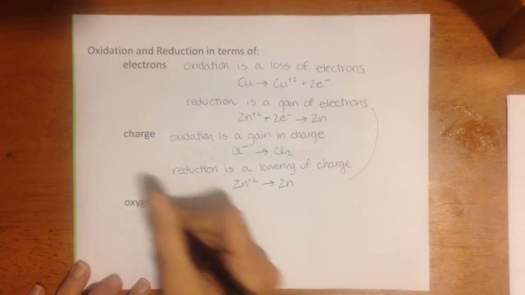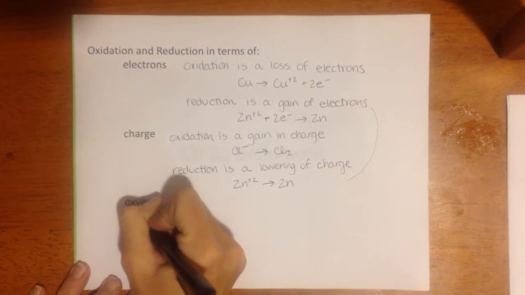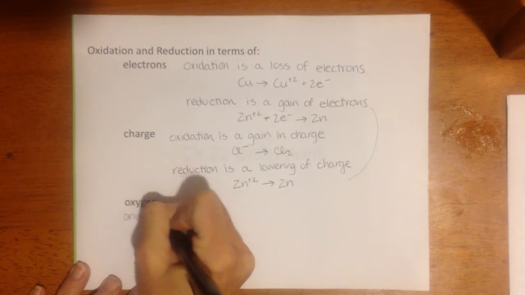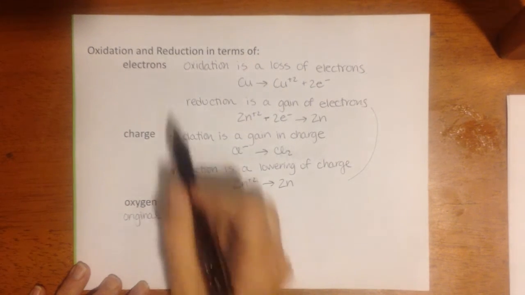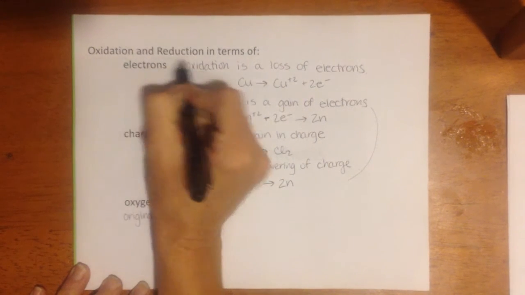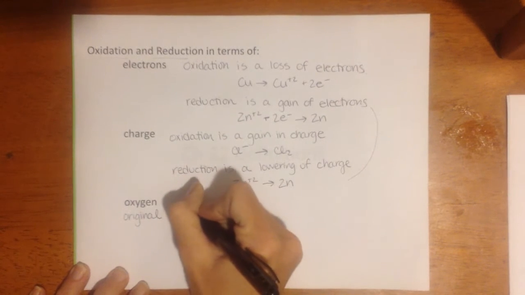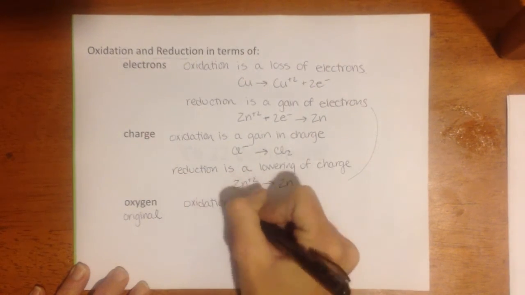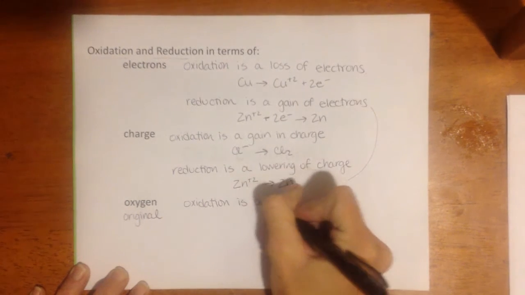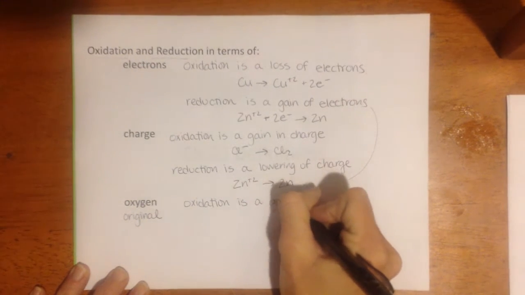Then there's oxygen. This is the original way that we came up with the words oxidation and reduction, so it will make the most sense with that vocabulary. Oxidation is a gain of oxygen.